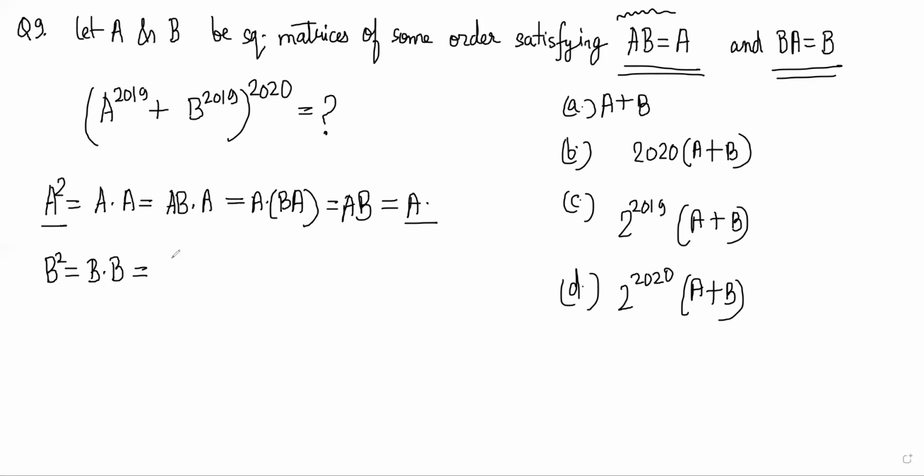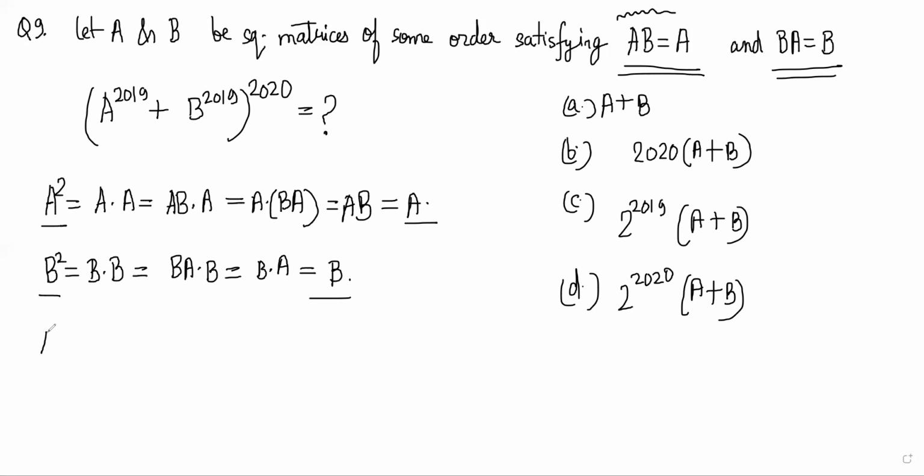So BA into B, and AB is A, so B into A, and BA is B. Are you understanding how we are getting this?